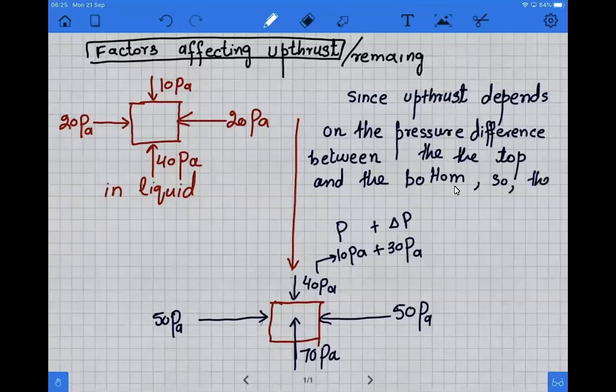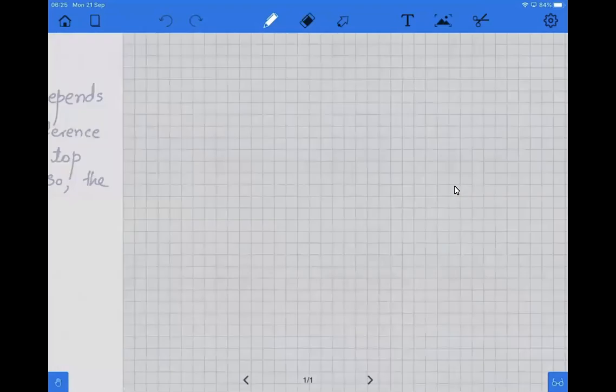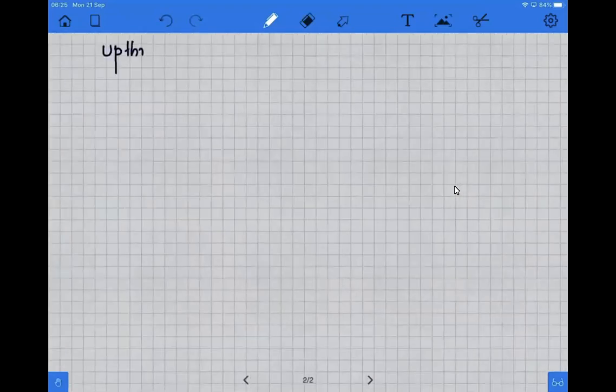So the upthrust will remain the same, as you see the increase in pressure on the top and on the bottom both is 30 Pascal.